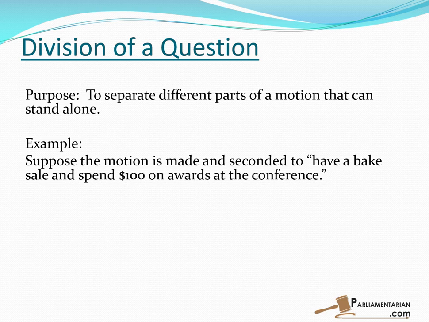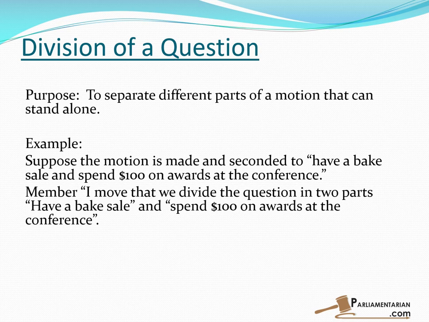Having a bake sale is a completely separate idea from spending $100 on awards at the conference. You can have a bake sale and not spend the money on awards, right? And you can also spend money on awards or not have the bake sale. So these two ideas, even though they may appear to be linked, they actually are completely separate. They're absolutely different ideas because one can be approved without the other. So that's how you know that they're really separate.